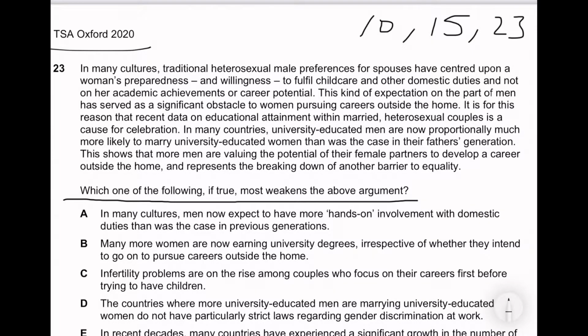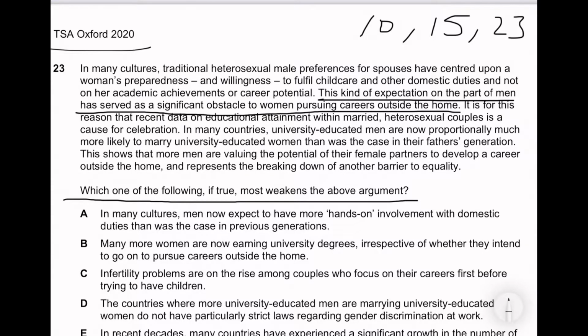This kind of expectation on the part of men has served as a significant obstacle to women pursuing careers outside the home. Okay, so that sounds like an argument right there, right? It's saying that men expecting the woman to be ready to fulfill child care and domestic duties is an obstacle towards women. The attitude is limiting women's career potentials outside the home, right?